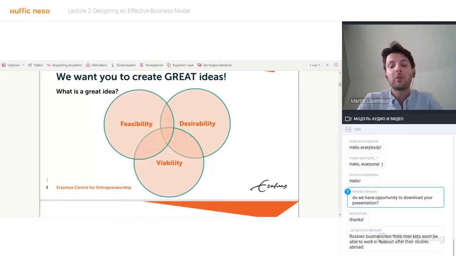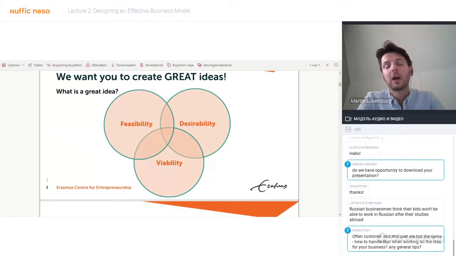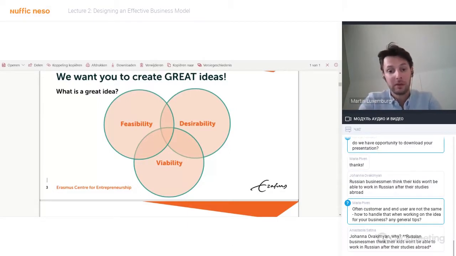And the third one is, and I will later on put this also into the business model canvas to make it a little bit more clear, is it viable? That is more on the side of: are you able to make money with it? Does it cover your cost? Are you able to make a profit margin? Are you able to handle the cash flow part of it? Because on the one hand, you can have a product that someone wants to buy, and you're able to deliver that product and make it.